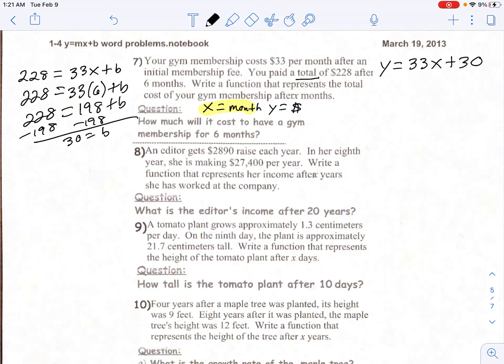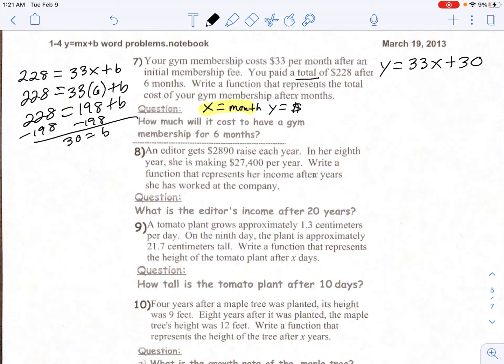All right. So now coming to the question, and I don't know why they ask after 6 months, because it's almost repeating the exact same question that you've already solved for. It says, how much will it cost to have a gym membership for 6 months, with a fee or without a fee?